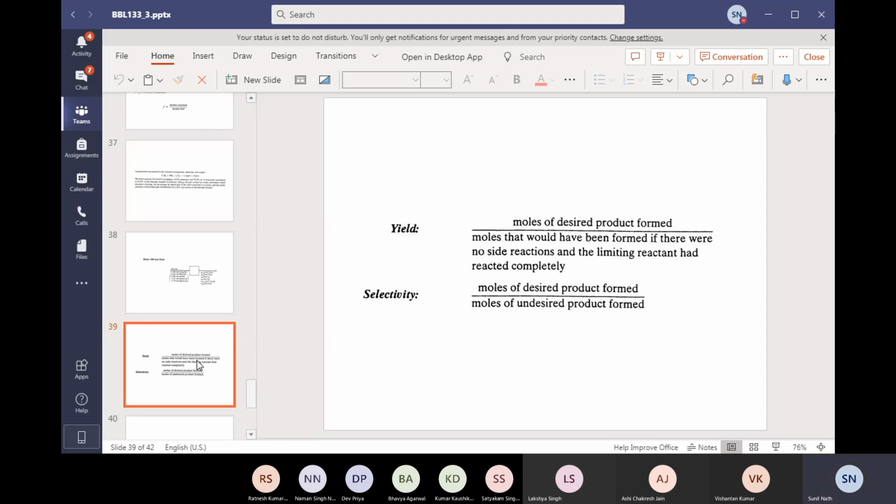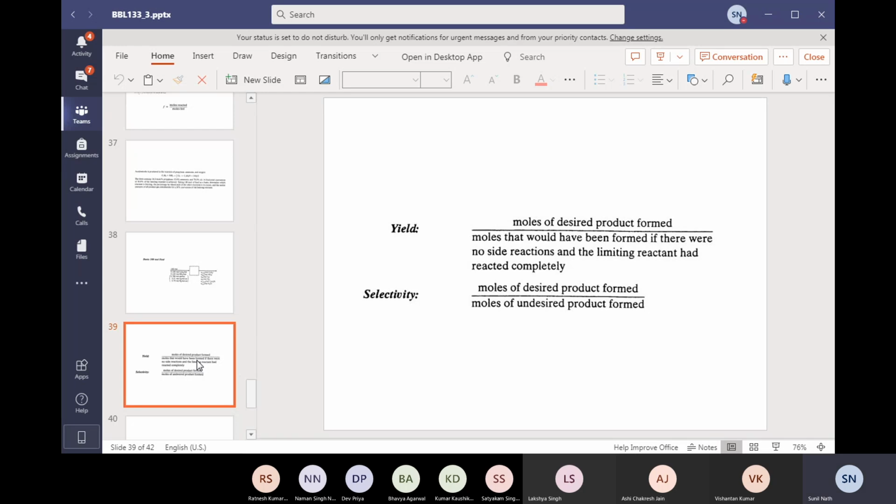The good thing about definition number 3 and all is that it can be very easily generalized to a continuous process. We will see how to do that. Okay, so you got those two definitions. The denominator is either moles of limiting reactant fed or moles of limiting reactant consumed. So one is a yield based on fresh feed. The second is a yield based on limiting reactant consumption.